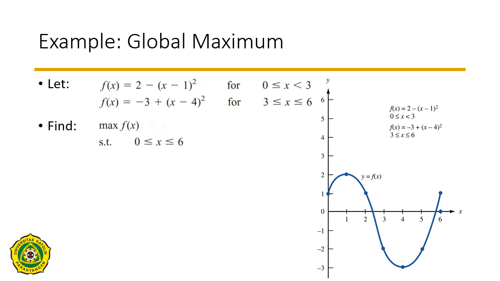Now here's an example where we want to maximize a function f(x), but f(x) is defined differently. From 0 to 3, f(x) is defined like this, and from 3 to 6, f(x) is defined differently. We are going to maximize f(x) subject to x between 0 and 6, including 0, including 6.